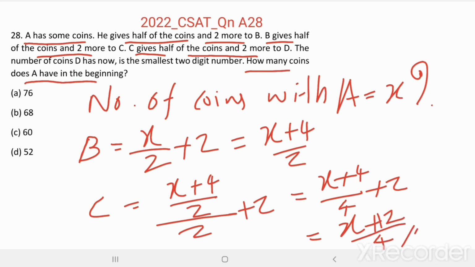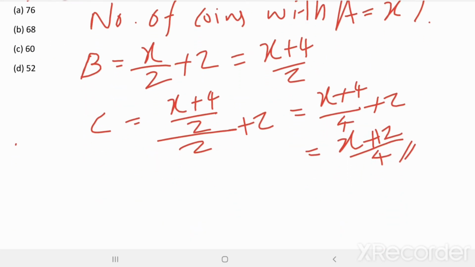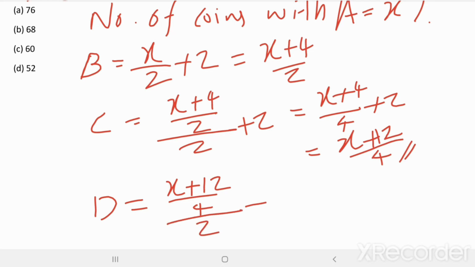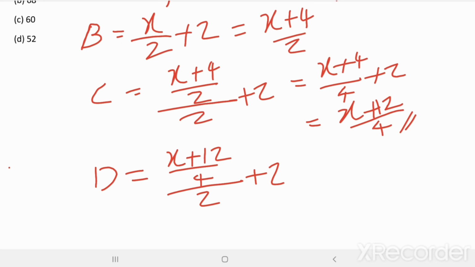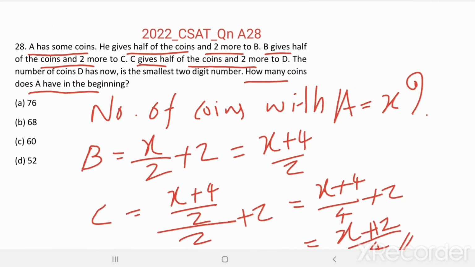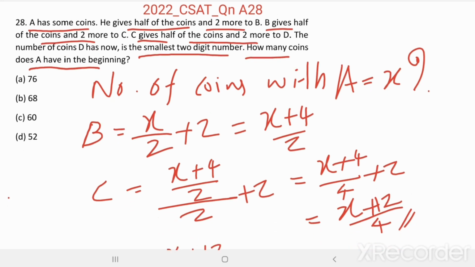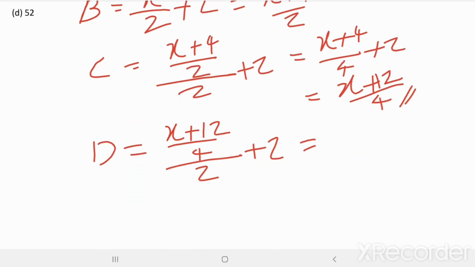Then C gives half of what he has, plus 2, to D. Now D has a number of coins equal to the smallest 2-digit number, which equals 10. Then what is the value of X, the number of coins with A initially?